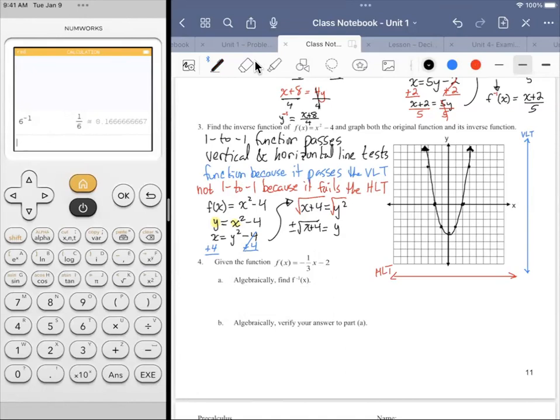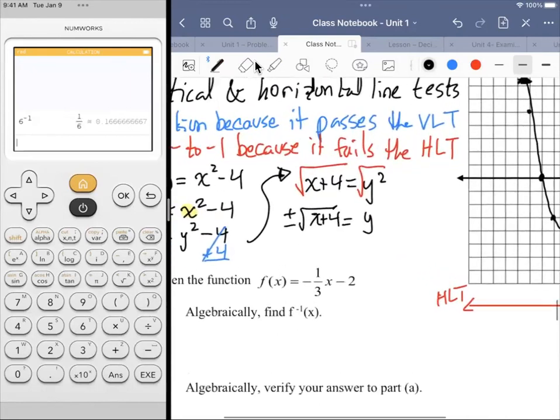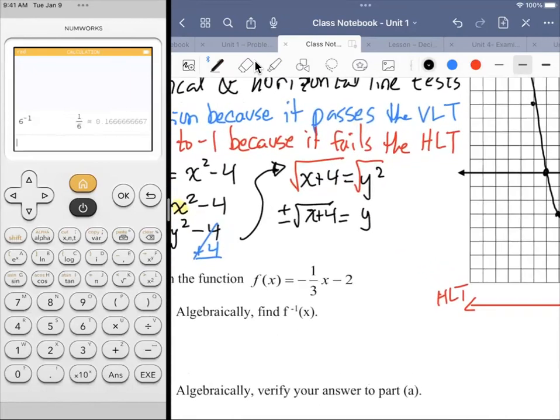What that means, kind of along the lines of a piecewise function, is we have 2 parts of a graph. So y is equal to negative the square root of x plus 4, or y is equal to the positive square root of x plus 4.